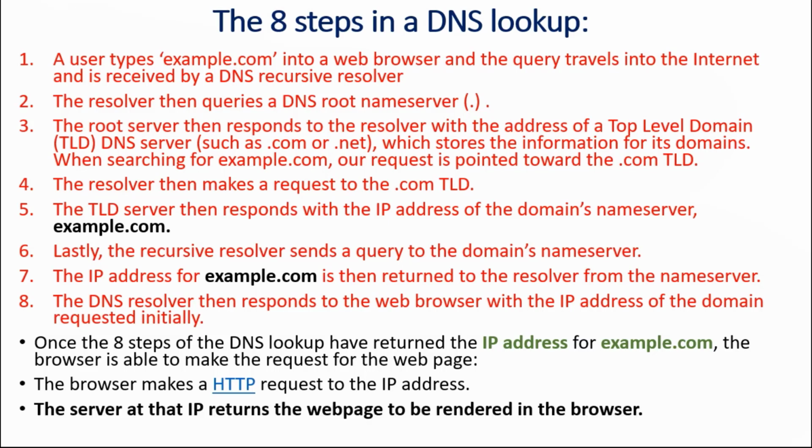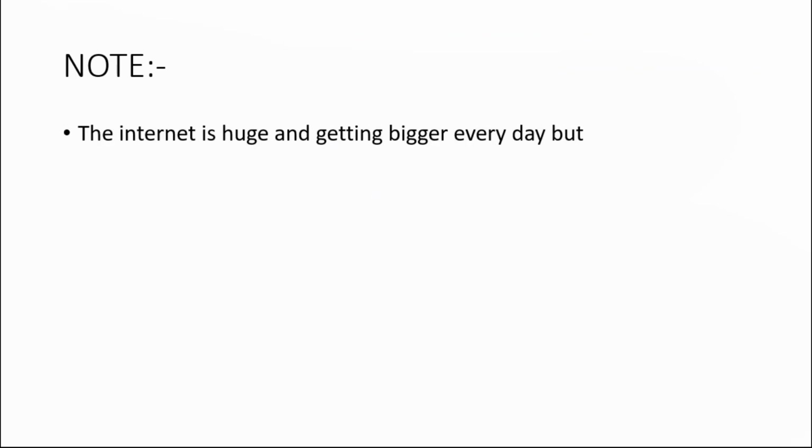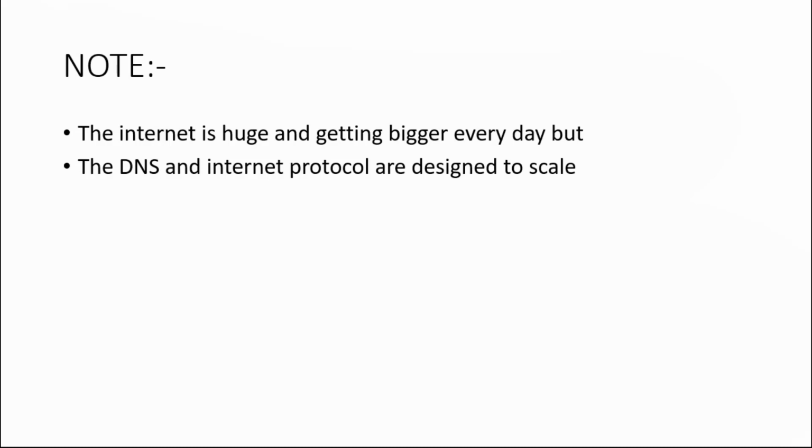The server at that IP returns the web page to be rendered in the browser. Note: the internet is huge and getting bigger every day, but the DNS and Internet Protocol are designed to scale no matter how much the internet grows.